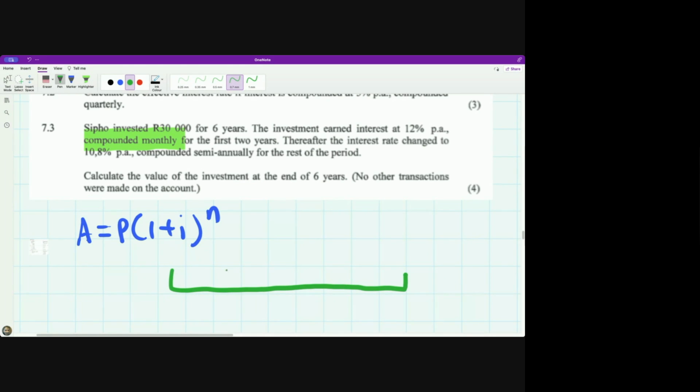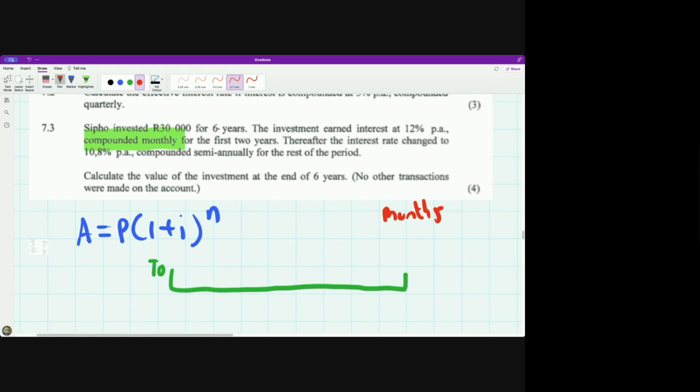And on that timeline, I'm going to put T0 for the very beginning of life here. Now, if I look at the investment earned interest at 12% per annum compounded monthly, I can see that this question is not based around years, it's based around months, okay?